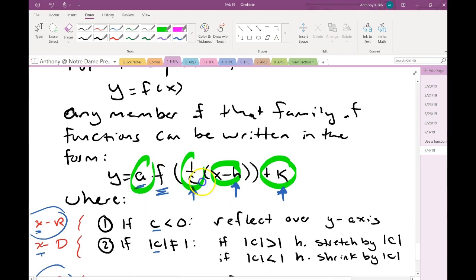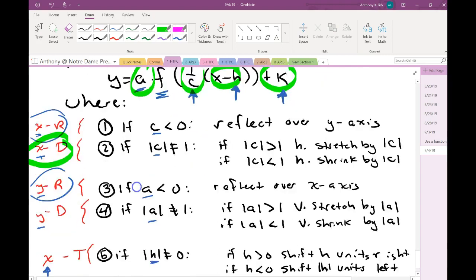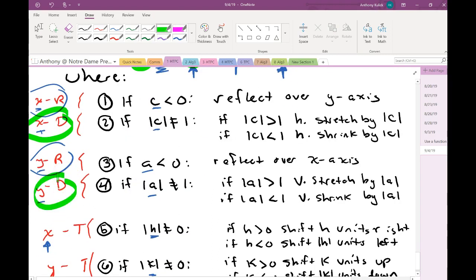C and A. So which ones need to worry about being smaller or greater than 1? C and A. Because when we multiply by a number bigger than 1, things get bigger. When we multiply by a number between 0 and 1, they get smaller, right? Does that help a little bit in remembering what these things do?